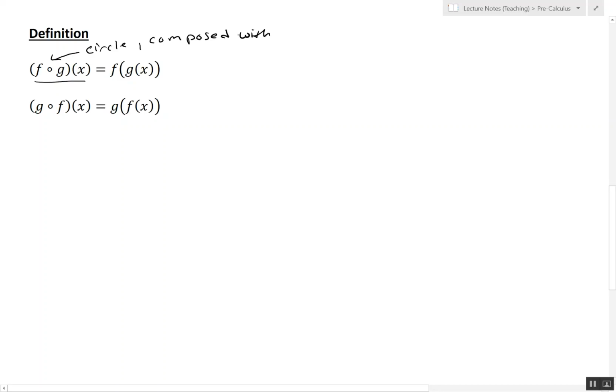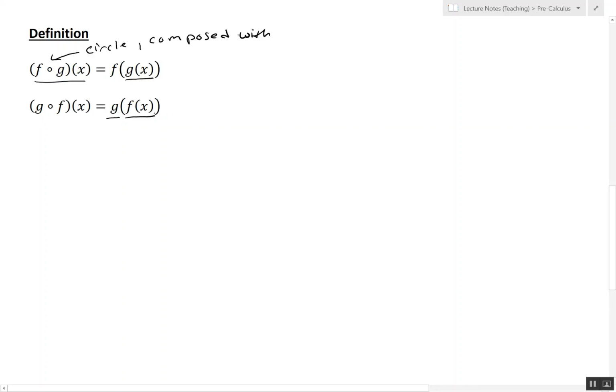There's some other terminology, but I will typically say circle, but composed with is good as well. So f composed with g is just f evaluated at the expression for g of x. And notice that we can reverse the order as well, and we have g circle f of x, and that's going to be g evaluated at the expression for f of x.